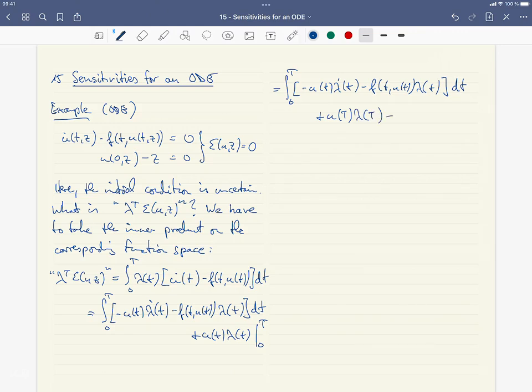So here I would get minus u of 0 times lambda of 0, and I've substituted the u of 0 with z, and that's how I included the initial condition. Well, now I have established what the scalar product term in the Lagrangian is.